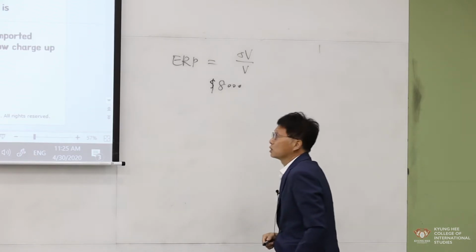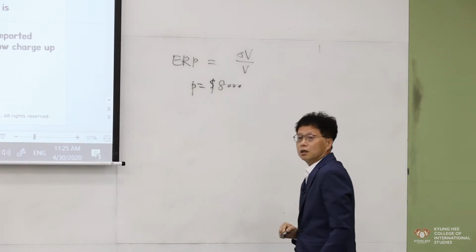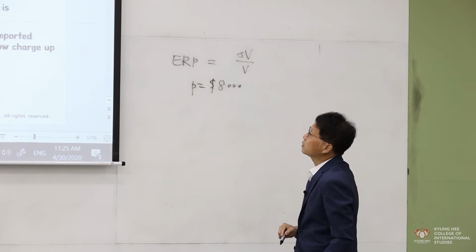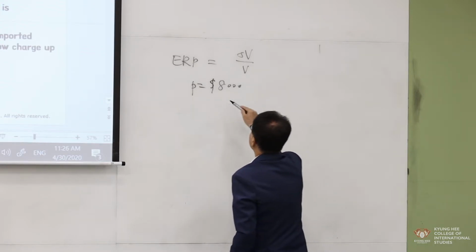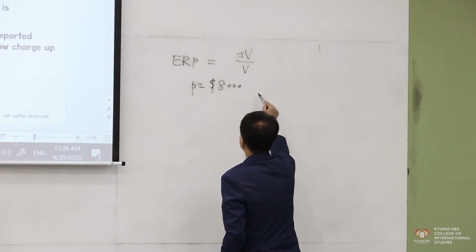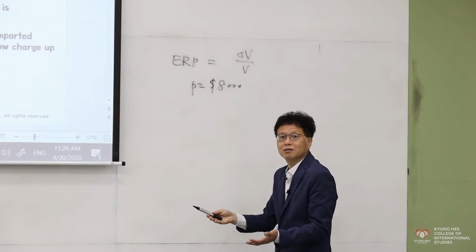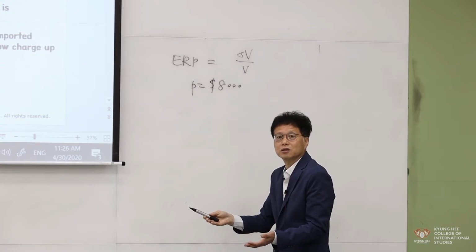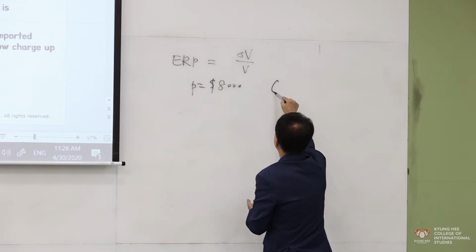This price consists of factors of production, the value added, which is $6,000.